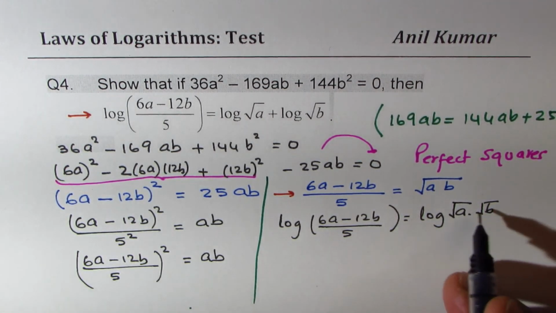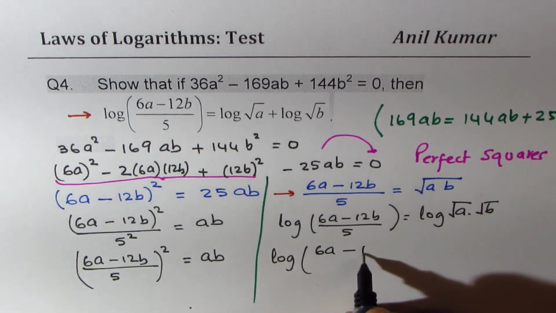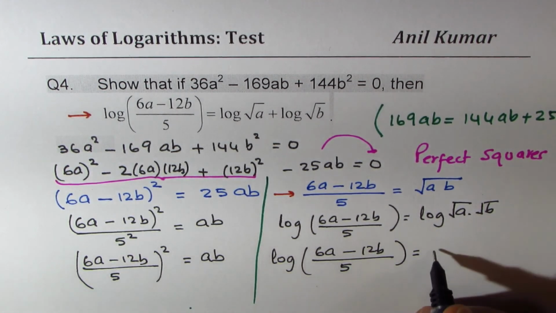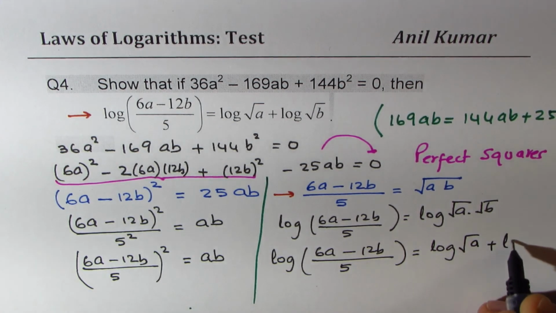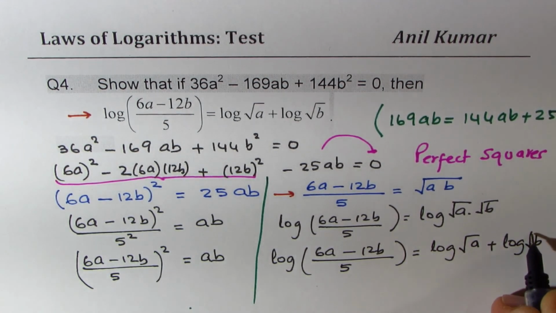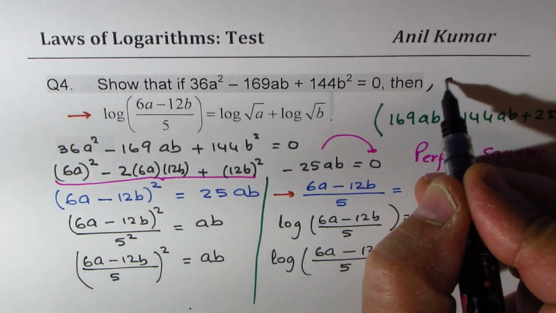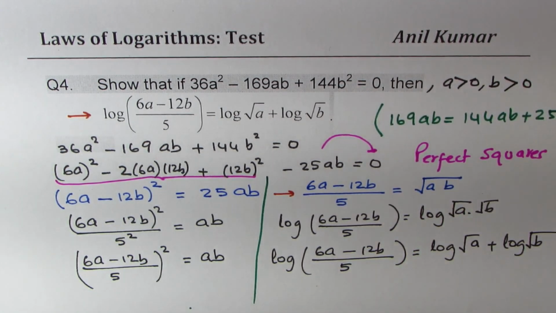So that could be written as log of (6a minus 12b over 5) equals log of square root of a plus log of square root of b. Right? So in this particular situation, we should have given the condition also that a is greater than 0 and b is also greater than 0. Correct? So that is how you actually prove it.